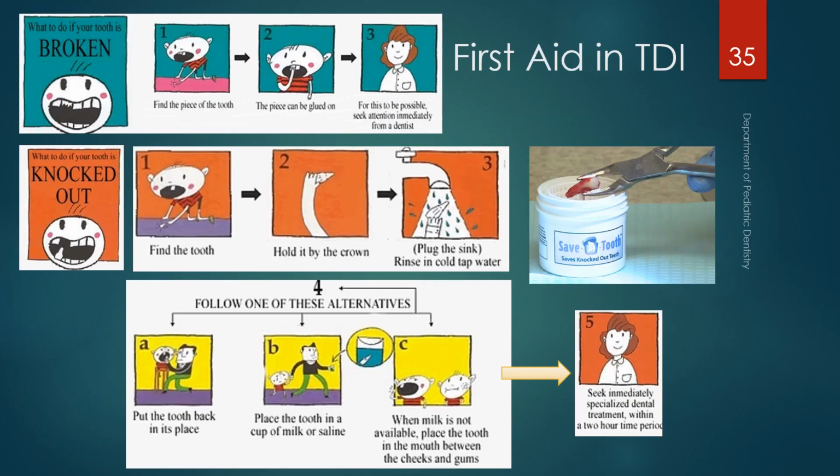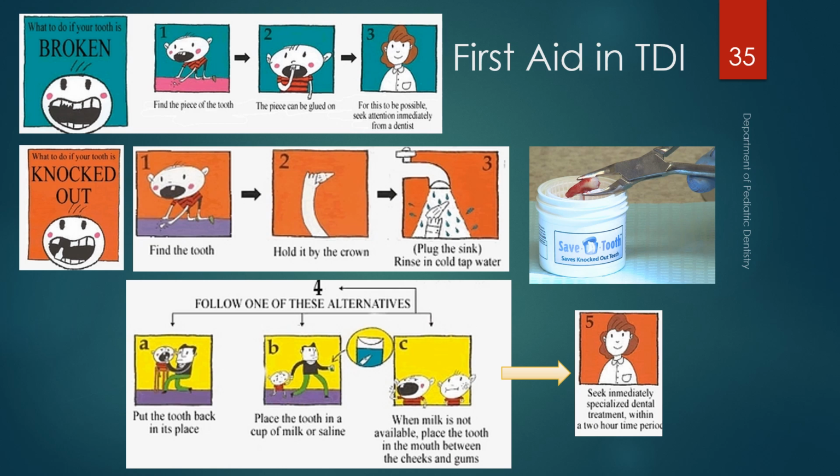All right, this slide is particularly important when you get a phone call from a school, and the school nurse says, doc, I have a child who has just knocked out his tooth, what should I do? This is what you should tell the nurse, and the nurse should also have the picture of this posted in her room.